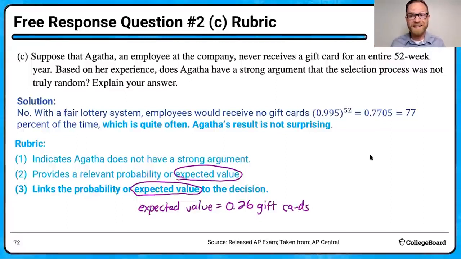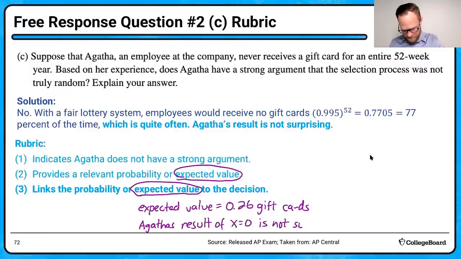So the fact that Agatha won 0, that's not really surprising here because the average is 0.26. So we would say something like Agatha's result of X equals 0 is not surprising because that expected value is so low there. It's close to 0. So you could have also gotten full credit on this one using your answer from part B.